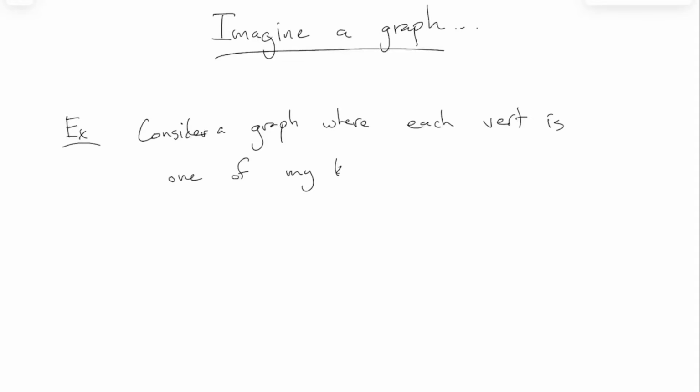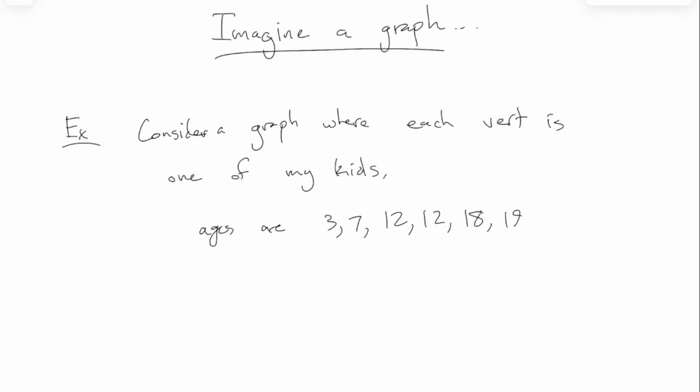For example, here is a simple real life type scenario. This is not a true story, but this could happen in real life. Let's consider a graph where each vertex is one of my kids, and their ages are 3, 7, 12, 12, 18, and 19.